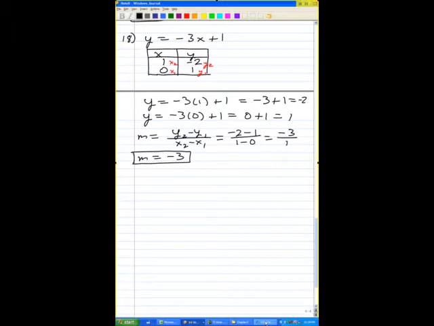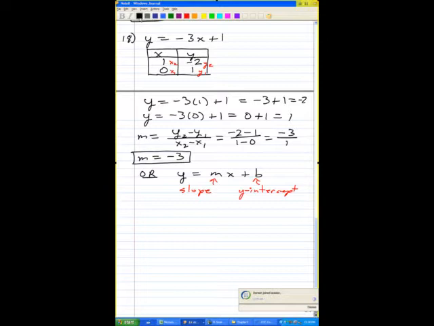Let me show you a different way of doing this. I'll use the following fact: if I can write an equation of a line in the form y equals mx plus b, then the number in front of x will be the slope of your line, and the number b, not that it really matters, is the y coordinate of your y-intercept.